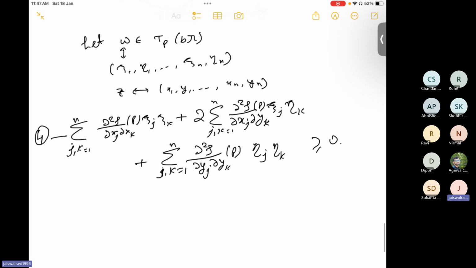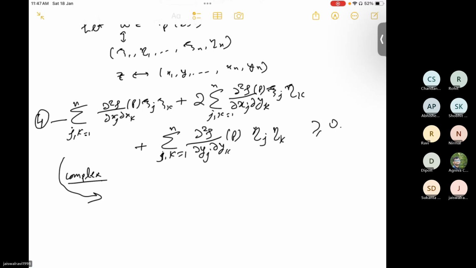That means if we change all this to complex notation, that is, if equation 4 is changed to complex, we replace zeta j by wj plus wj bar by 2, and eta j by wj minus wj bar by 2i.